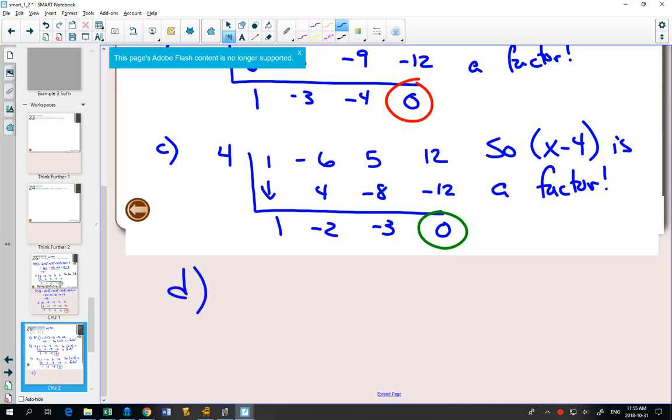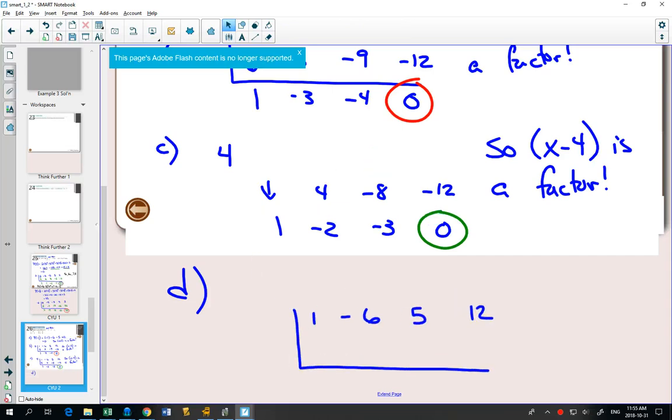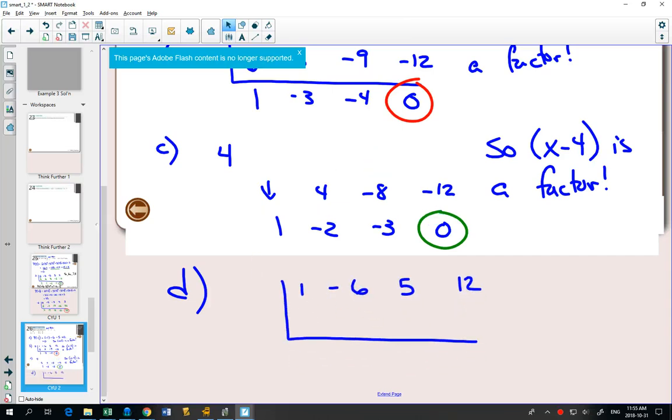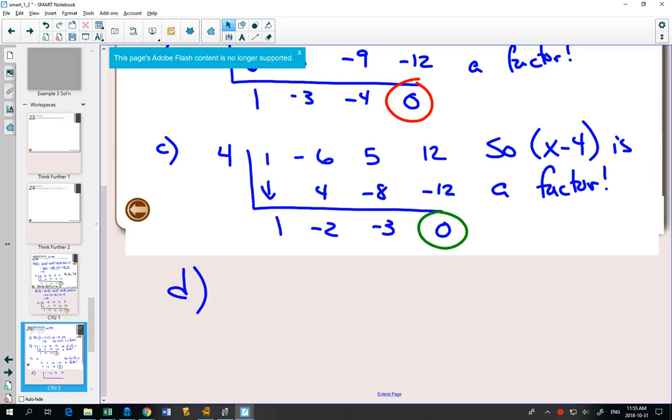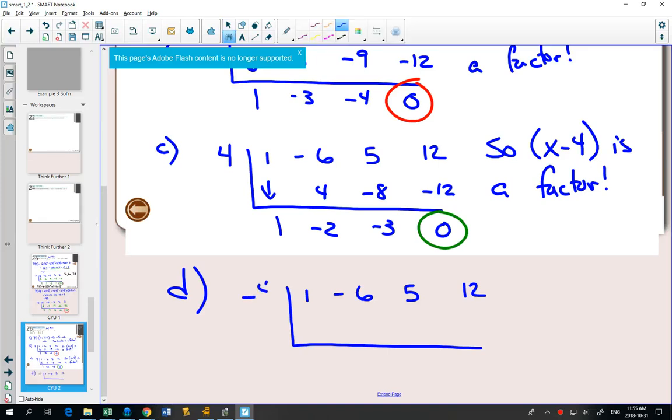So, our last one. Now we're checking x plus 4, so I'd put a minus 4 out here. Bring down the 1, minus 4. Negative 10, plus 40, 45, negative 180.